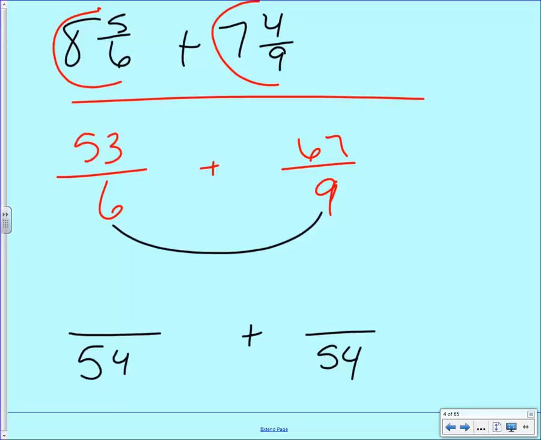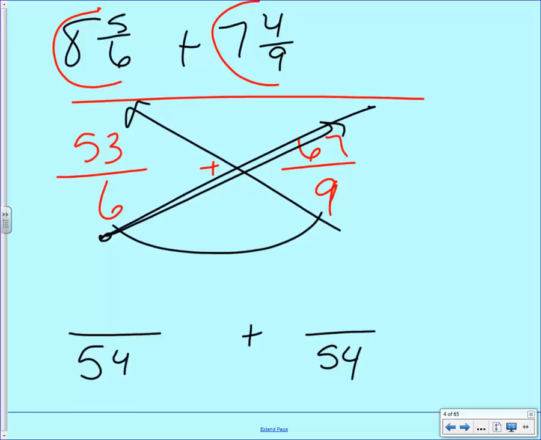Okay, and after that I need to multiply in the diagonals. And so I'm going to have to use my calculator because I'm going to end up with a little bit bigger numbers than I really would like to just work in my head. And so when I do that, I get 6 times 67 gives me 402. And remember, I went from the bottom left, I ended on the right, so 402 goes on the right.